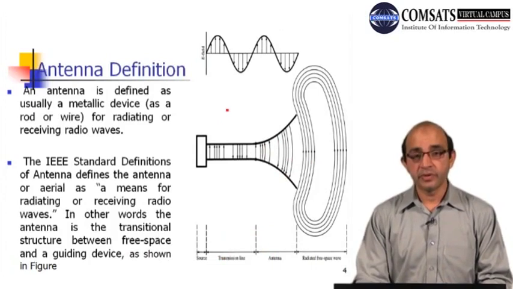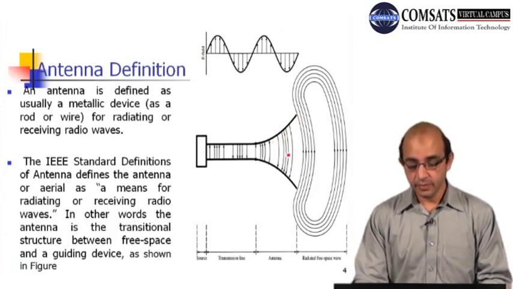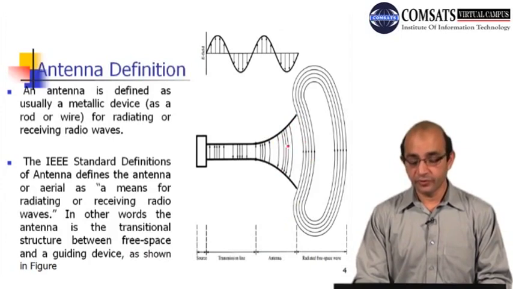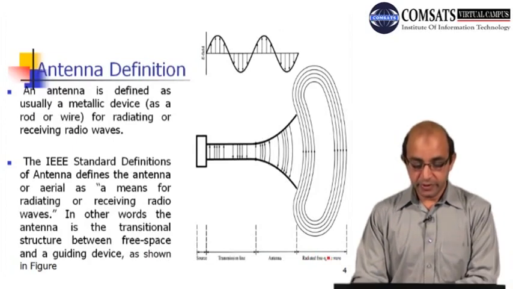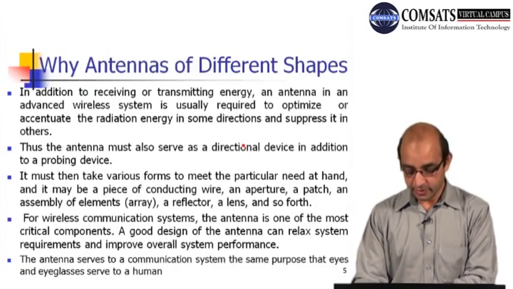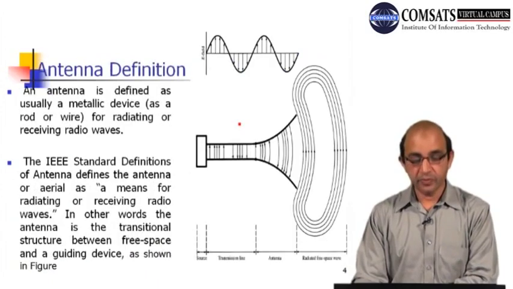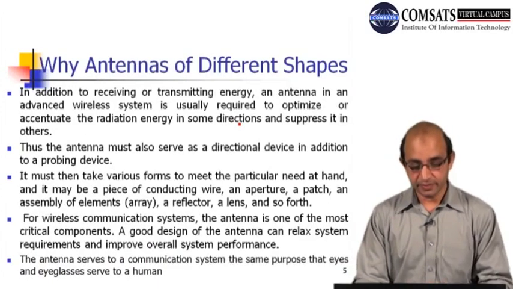Over here you can see that we have cut the transmission line and bent it in such a way that it is acting as an antenna. After that we have the radiated energy, or you can also say a radiated free space wave. So this is a very general and standardized way of defining an antenna.